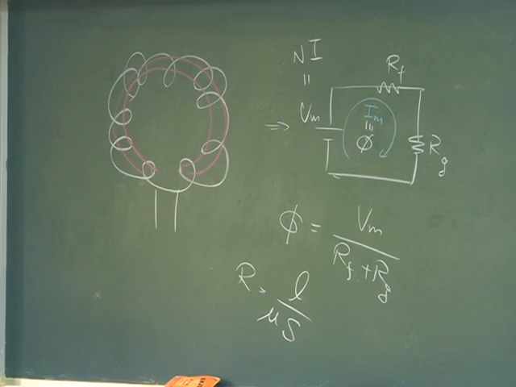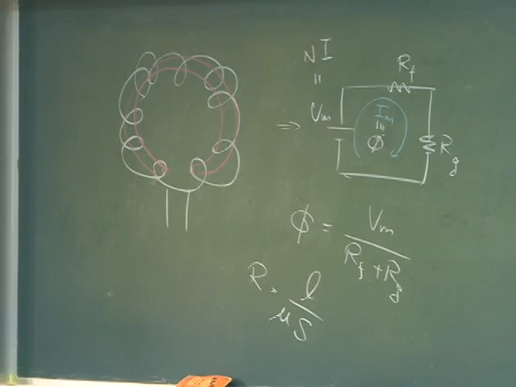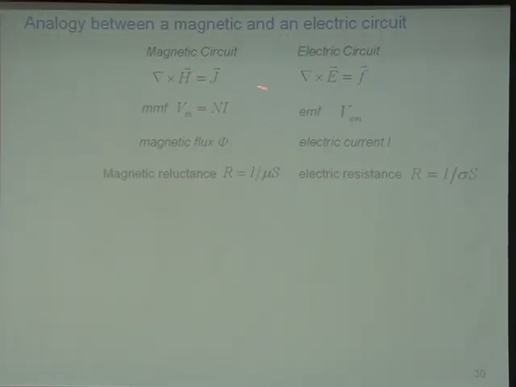OK, let me organize this. This basically comes from the symmetry between electrostatics and magnetostatics. Okay, you have curl of H equal to J, and for the electric circuit, you have curl of E equal to F, where F is the electromotive force.